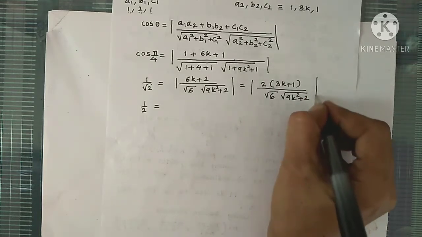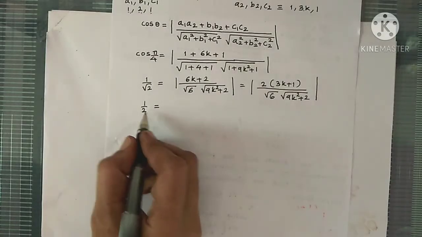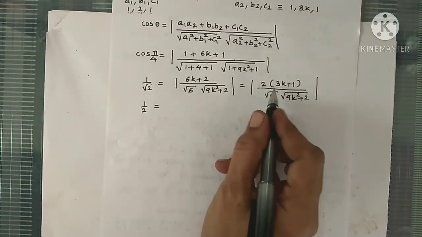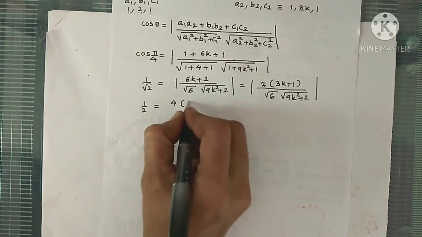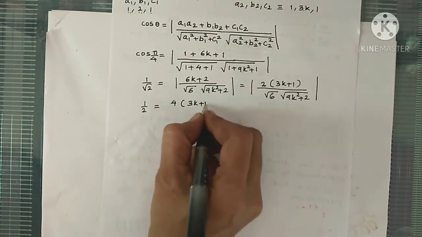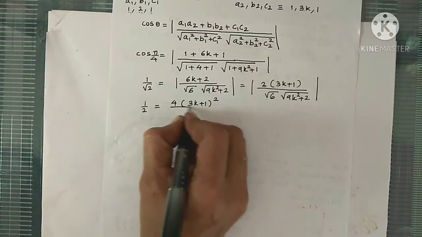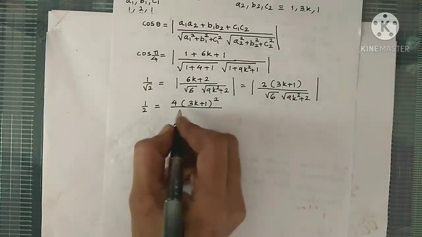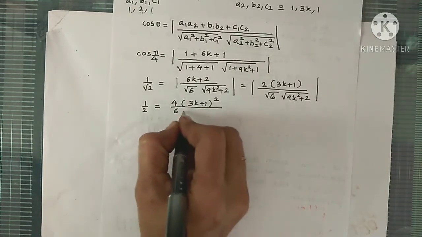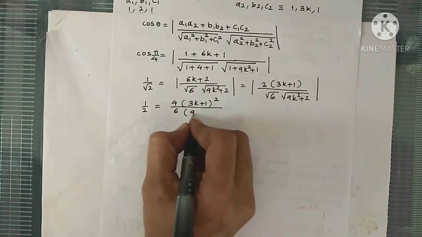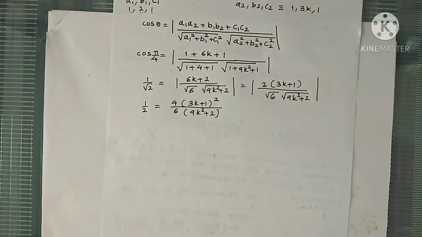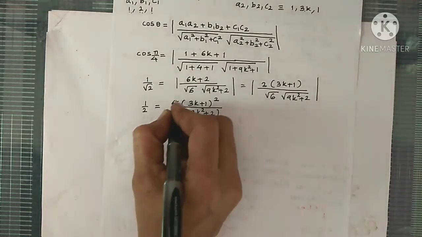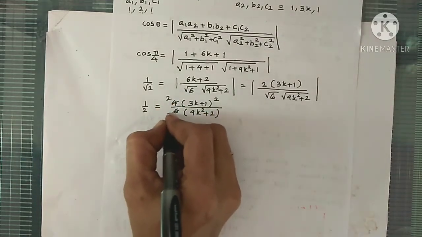Now we are squaring both the sides, so it is 1 by 2 here, and squaring each term here we have 4, then 3k plus 1 square, divided by 6 into 9k square plus 2, since we have to remove the square root sign. So let's divide by 2 here. So 2 here and 3 here.